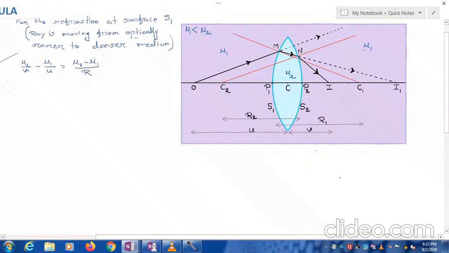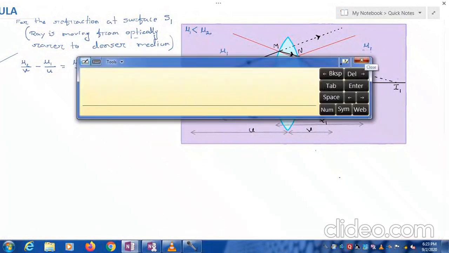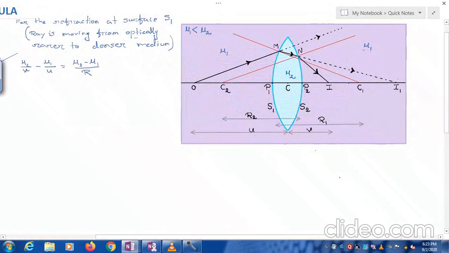Now let us put all the values here for the refraction at this surface S1. So for the refraction at surface S1, see here the object distance is OP1 and the image distance is P1I1, and here the radius of curvature for the first surface is P1C1.